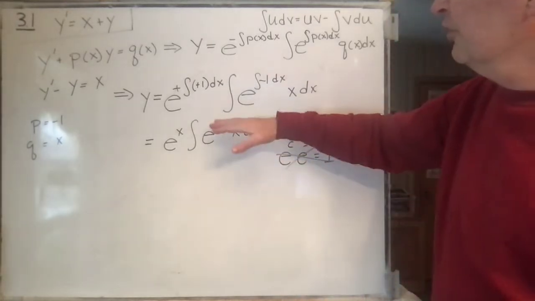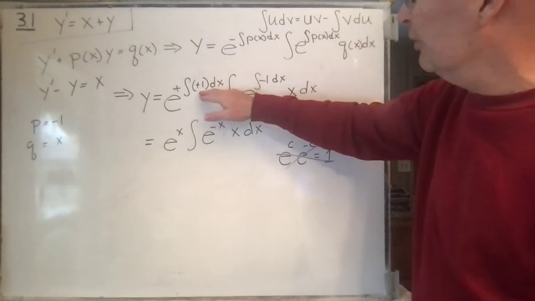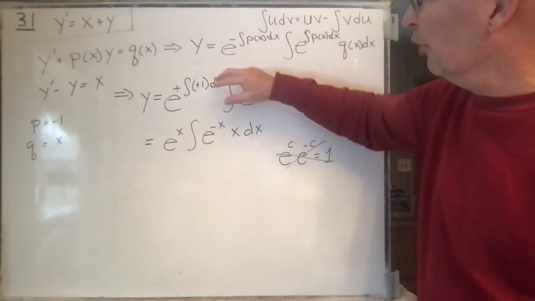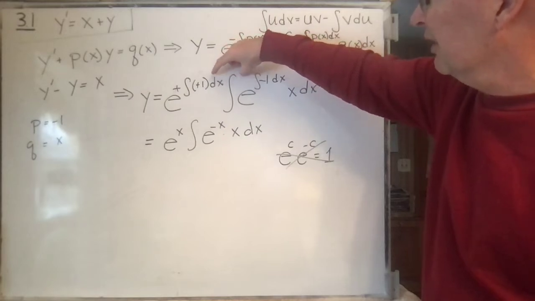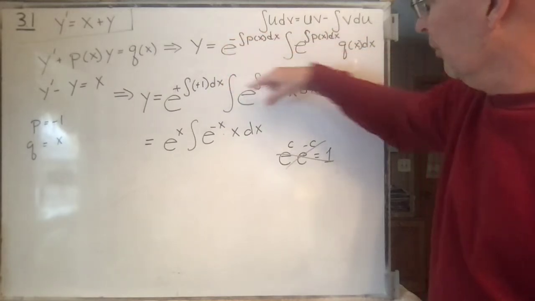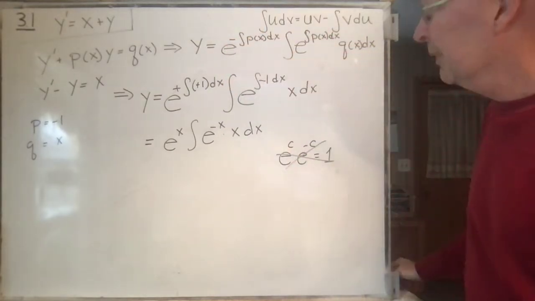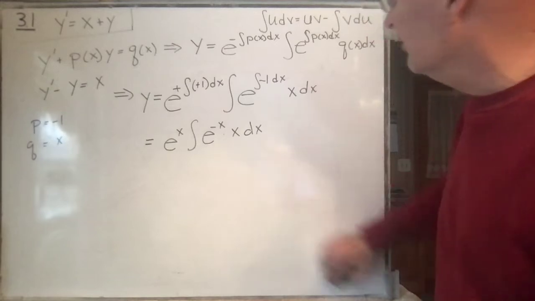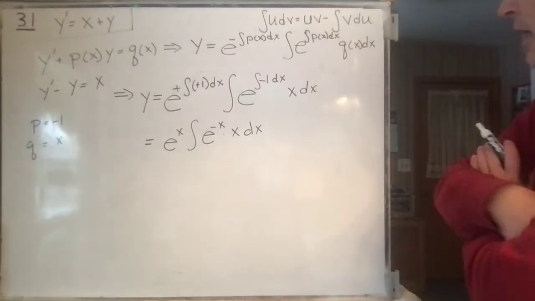So there's no reason to even include the constant of integration when you find the antiderivatives of these things, because they're both going to just divide out anyway. Okay? So no worries about that. Just leave that alone.